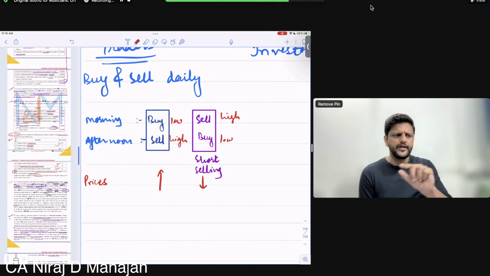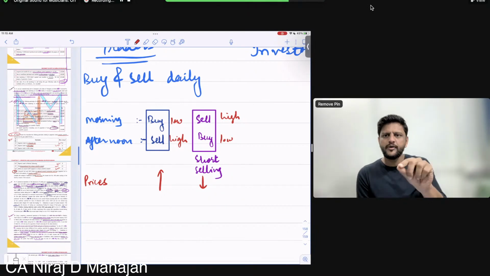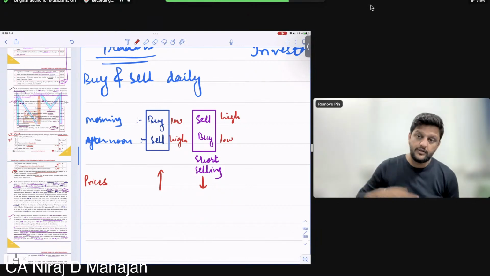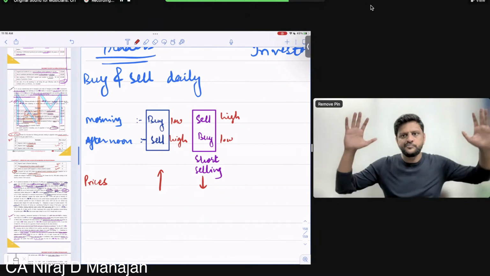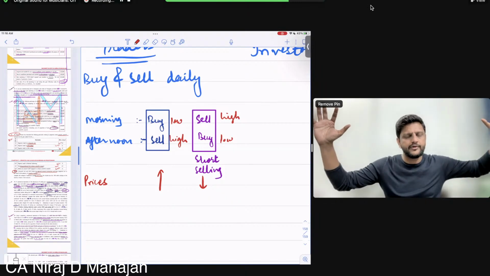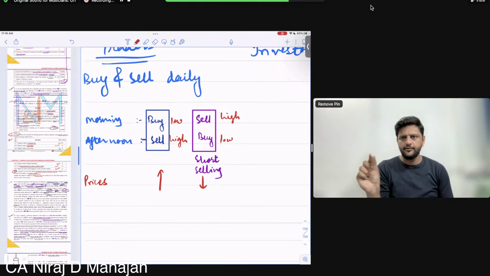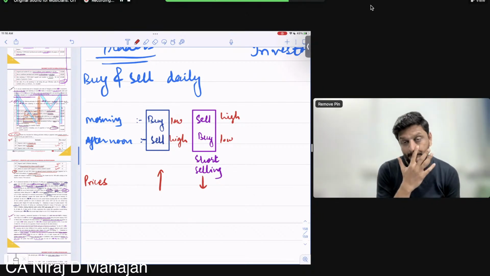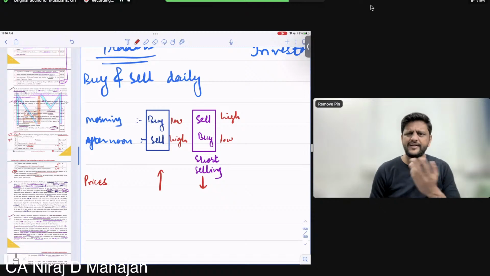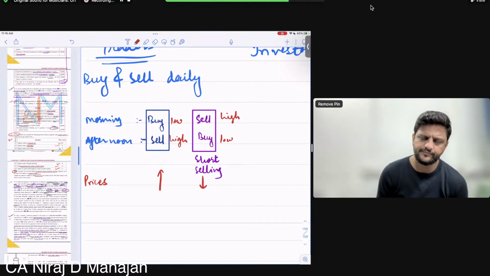Now people literally deal with paise also. The prices are moving only by paise or 1 rupee maximum here and there, but they buy in bulk and obviously sell in bulk. The transaction quantum is big. They are earning with a margin of only 1 rupee, 2 rupees, or paise per share, but they buy big, so they get decent profit per day. Yes or no, everybody?